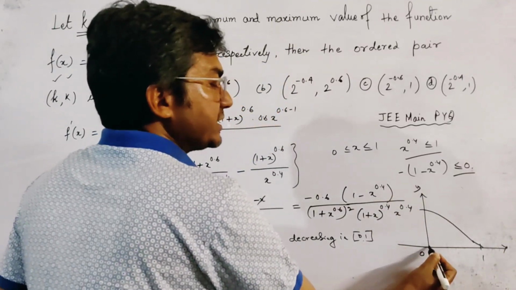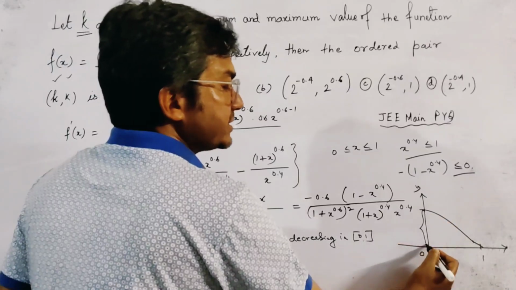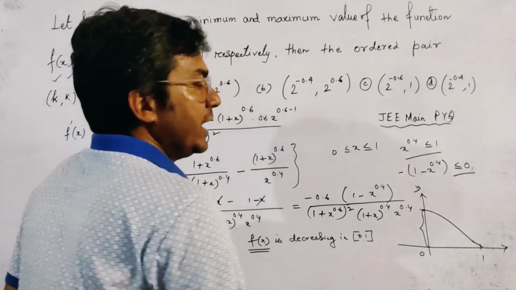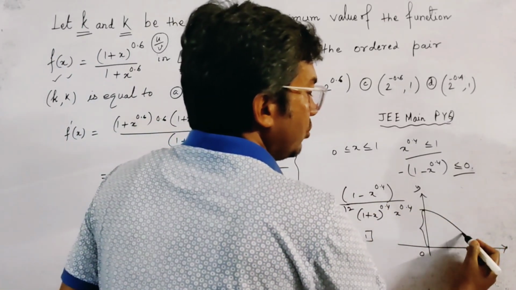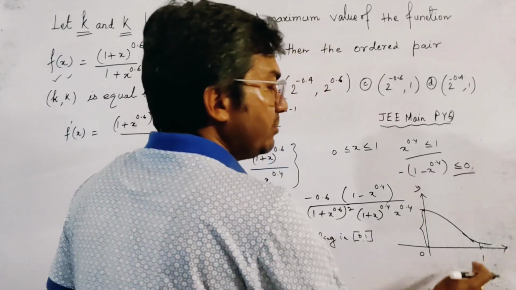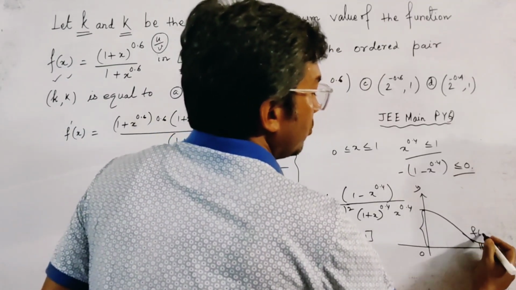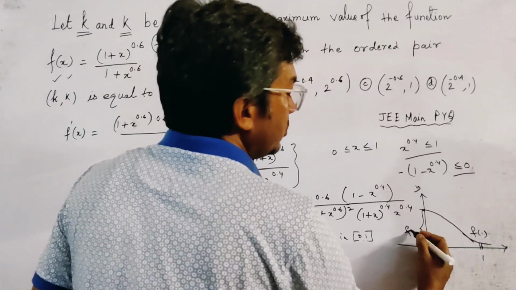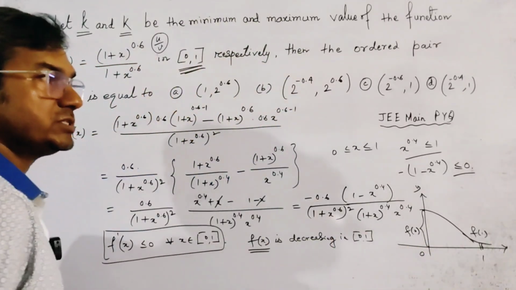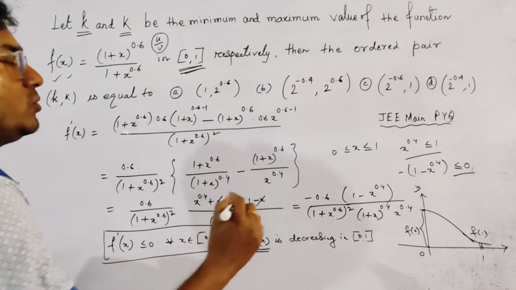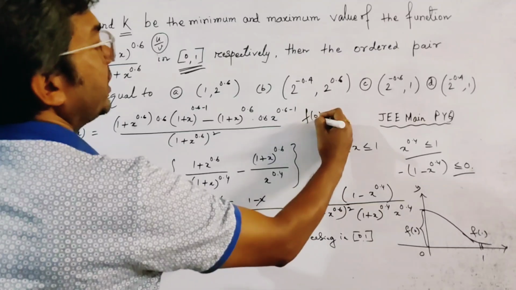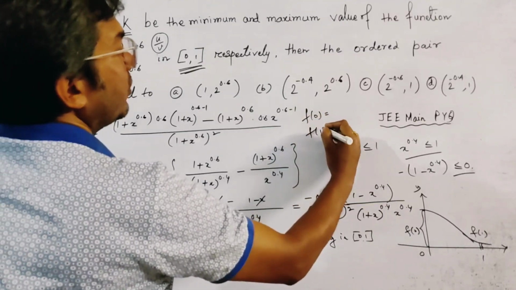So we get the maximum value of f(x) at the point 0, and the minimum value of f(x) is f of 1. So max value is f of 0 and min value is f of 1. Now we have to find the value of f of 0 and value of f of 1.